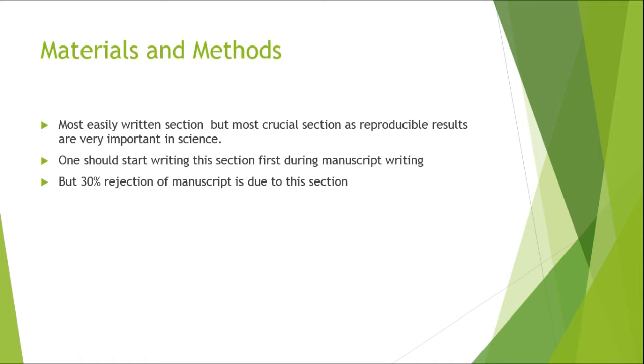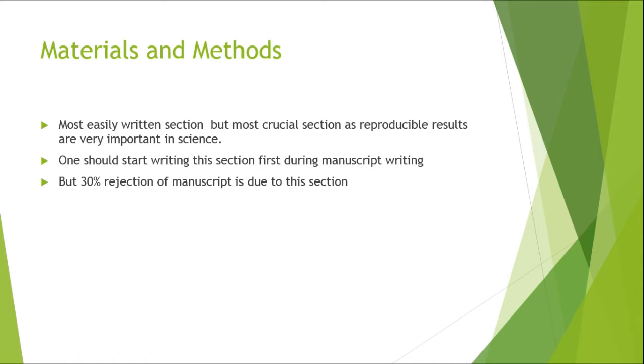Next, in spite of being such an easy section, many scientists reject manuscripts because of the materials and methods. Around 30% of manuscript rejections are due to this section. Why do you think so?